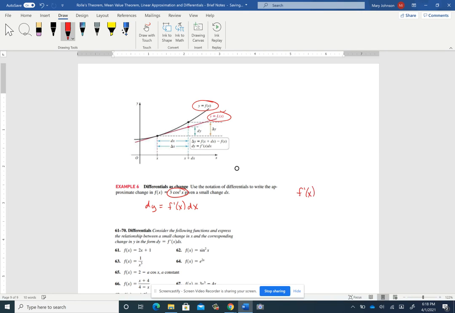So f prime of x, wouldn't that be negative 3 sine squared x, because the derivative of cosine is negative sine, but then you got to do the derivative. Oh, wait, let me do that. Let me do that better. Okay. Eventually I would have gotten there, but let me do it better.